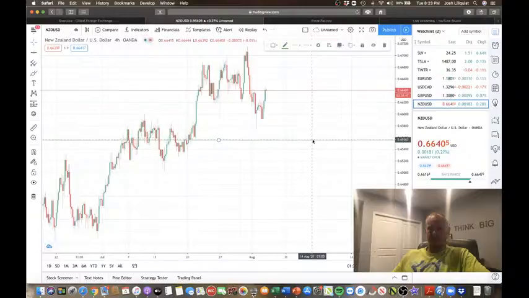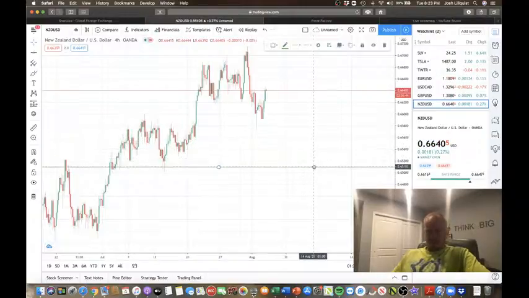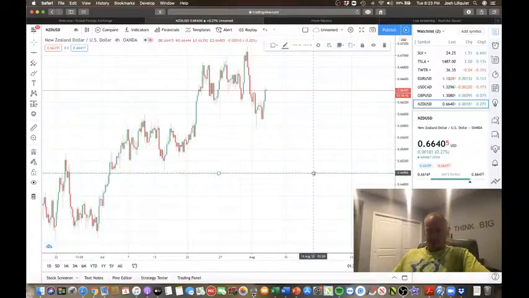So 67.50, and 65 even, sorry about that. And then 65.75 is where we want to be on that hesitation area, which is 75 pips from there.